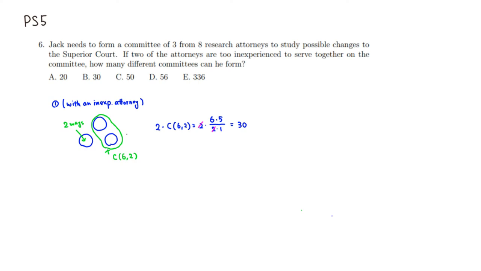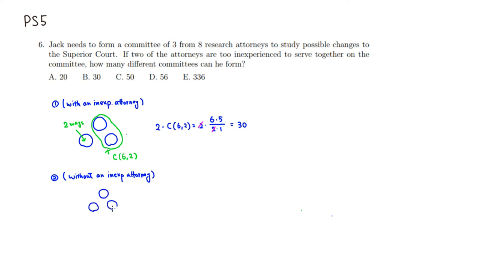All right, how about case 2? We can go without an inexperienced attorney. Again, we have 3 spots.